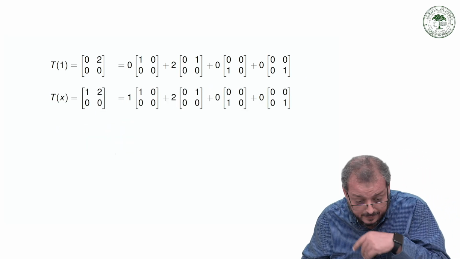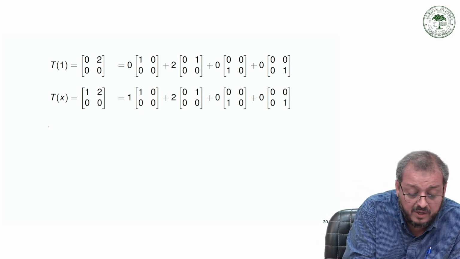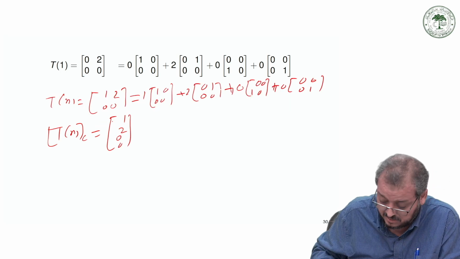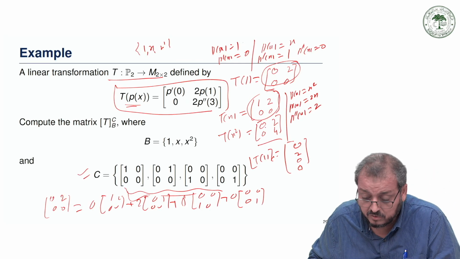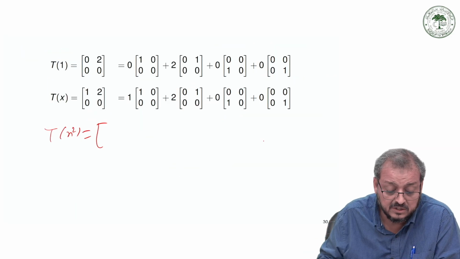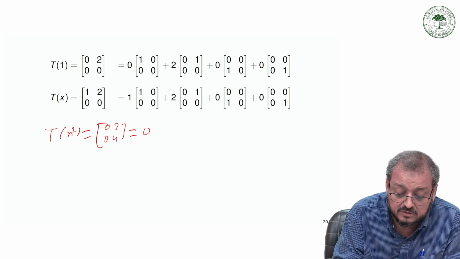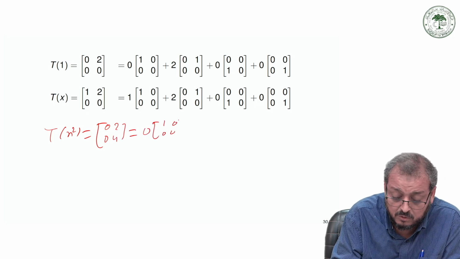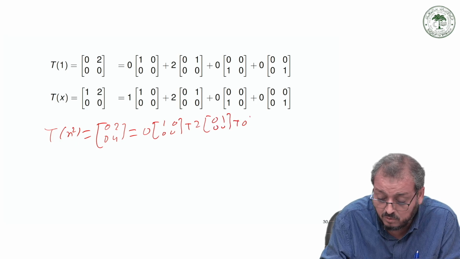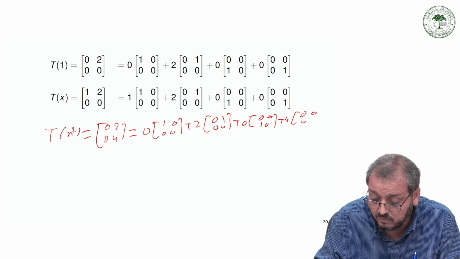Now next is T of x square. T of x square is the matrix 0 2 0 4, so we can say that this is 0 0 2 4. This can be written as 0 times 1 0 0 0 plus 2 times 0 1 0 0 plus 0 times 0 0 1 0 plus 4 times 0 0 0 1.